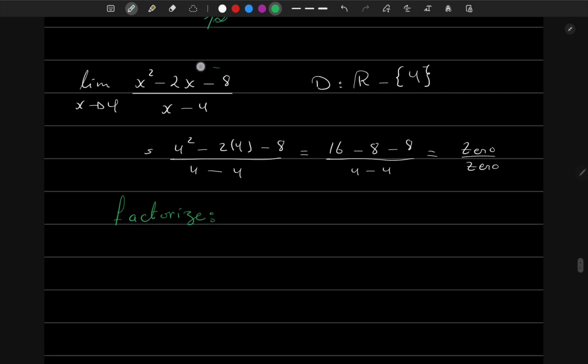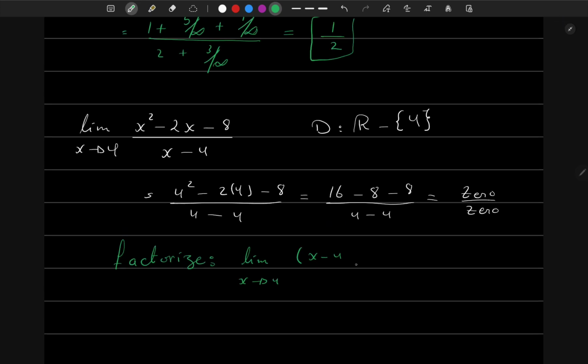Look for the factorizable expression in the function, and the factorizable expression in this function here is the numerator. So it's going to be the limit when x approaches 4 of the factorized form of this expression here, which is x minus 4 and x plus 3.